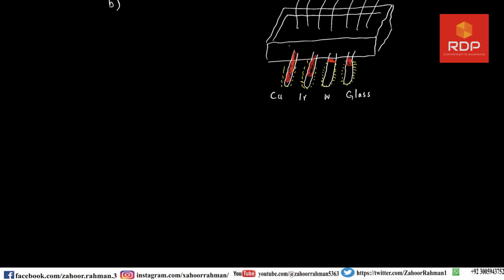Now I am coming to the C part. Metals are good conductors of heat, whereas wood is a bad conductor of heat, that is, an insulator. Discuss the above statement with reference to the mechanism of heat transfer in solids.